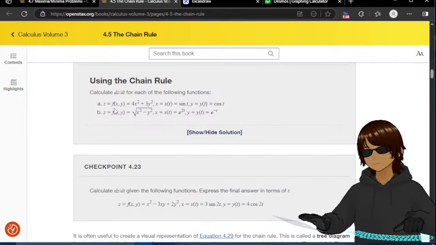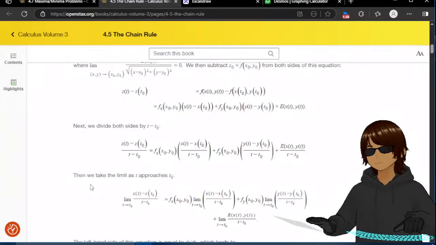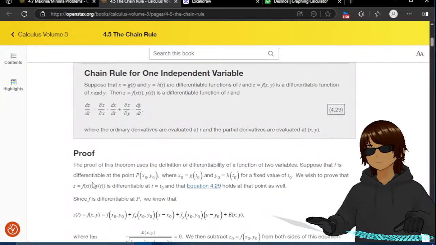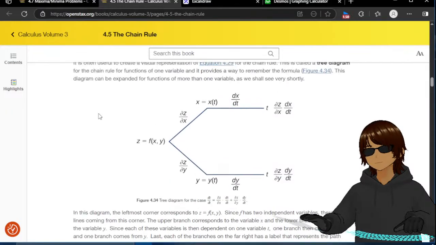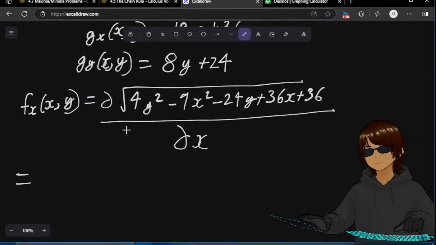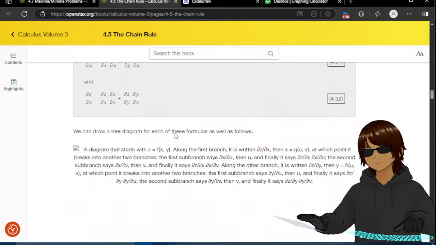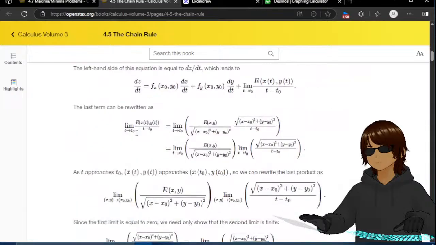So the partial derivative with respect to u is x, and then x with respect to u, plus z, y, and then y with respect to u.